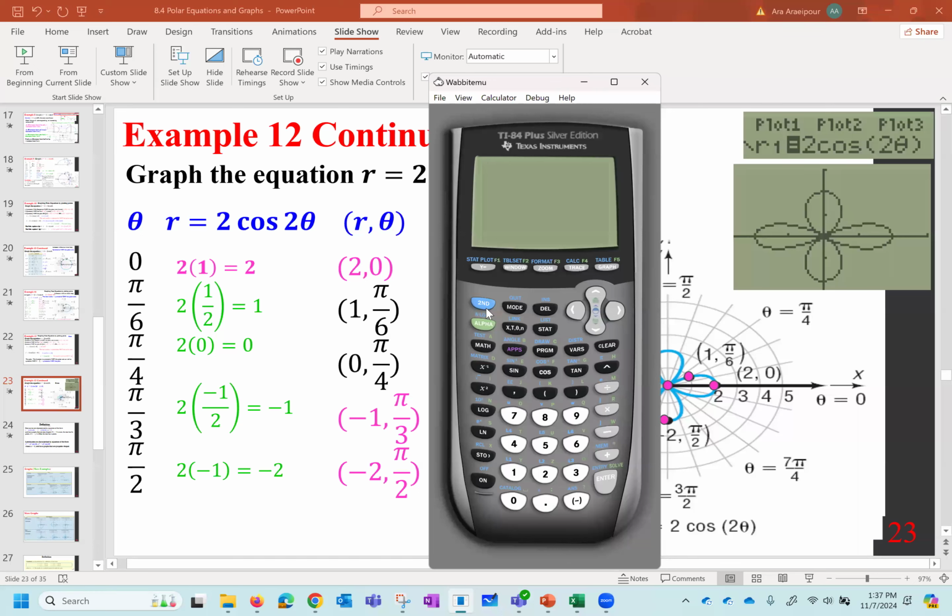Let me put now 2 cosine 2 theta, close parentheses, enter, and now let me graph. Notice. So I hope you see that the graphing calculators can do the job, but you have to have an idea roughly how the graph looks like.